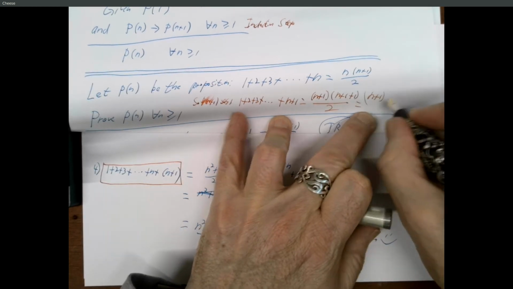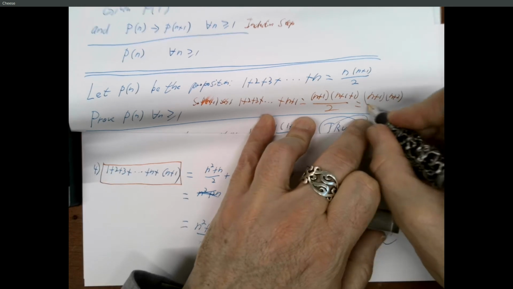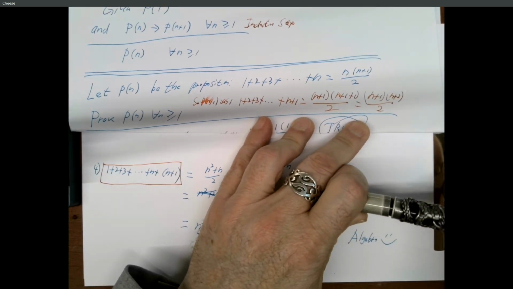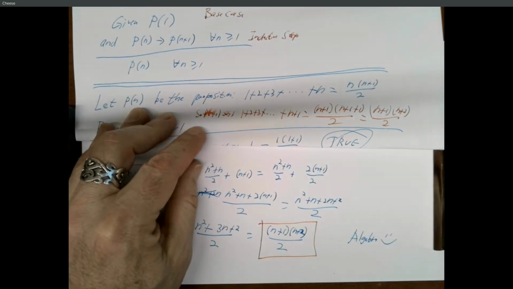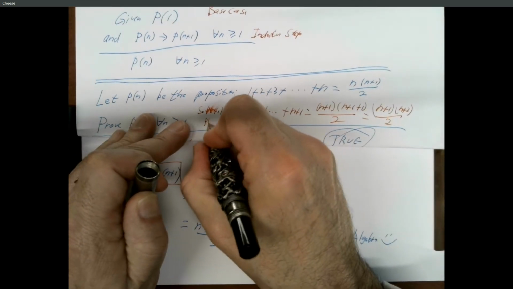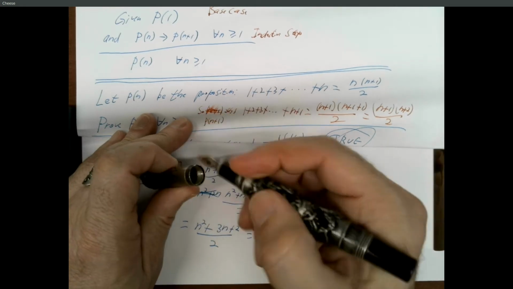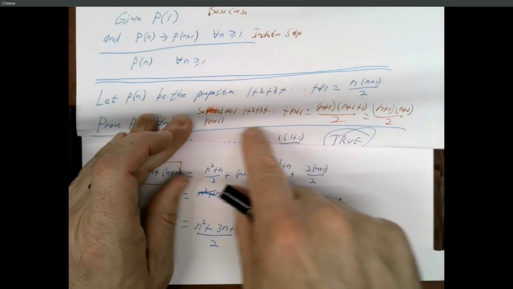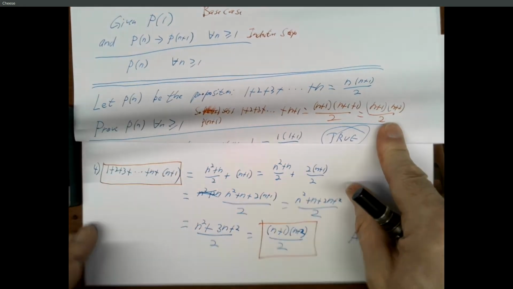That's (n plus 1) times (n plus 2) over 2. That's what P(n+1) says. P(n+1) says the sum of the first n plus 1 integers equals (n plus 1) times (n plus 2) over 2.